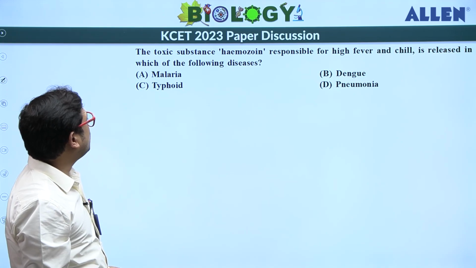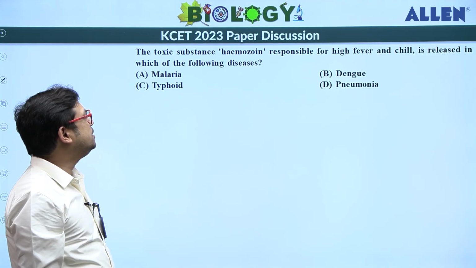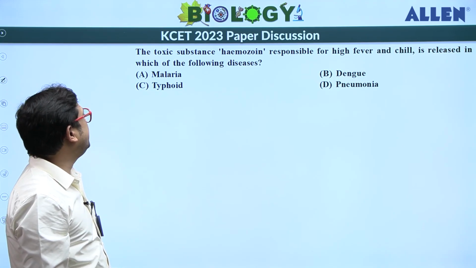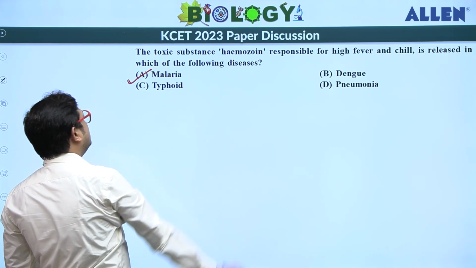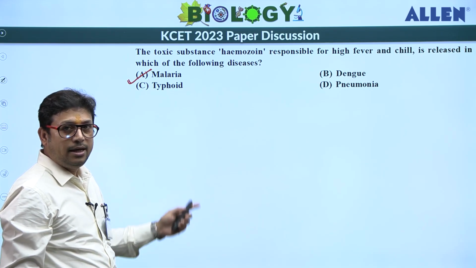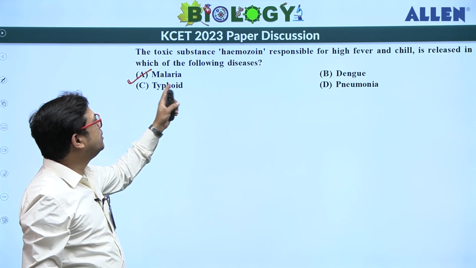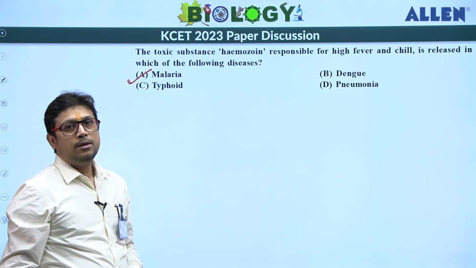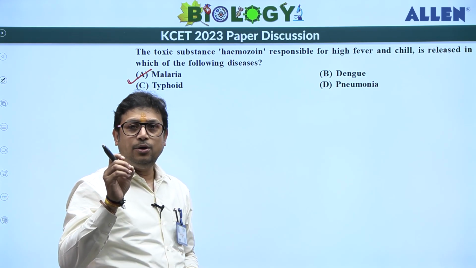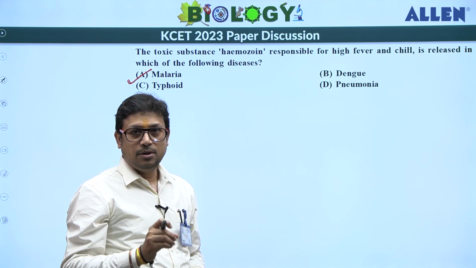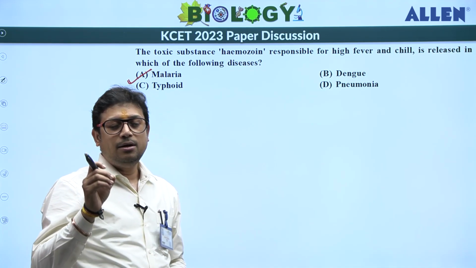Next, the toxic substance hemozoin responsible for high fever and chill is released in which of the following diseases? That is a direct question, malaria. We know that in malarial parasite infection, the parasitic stage will eat away the hemoglobin.